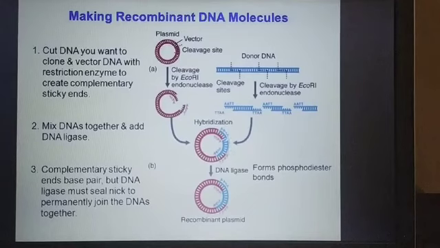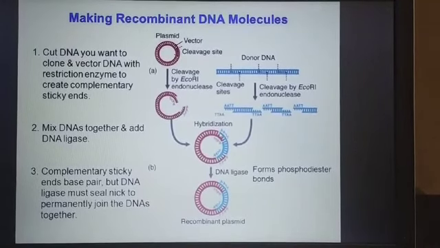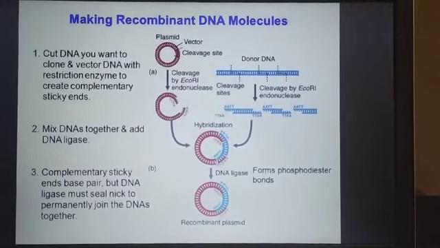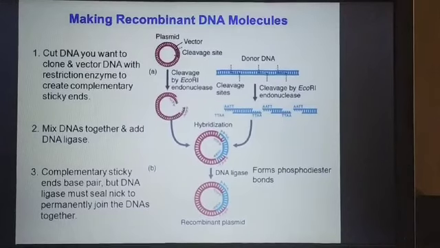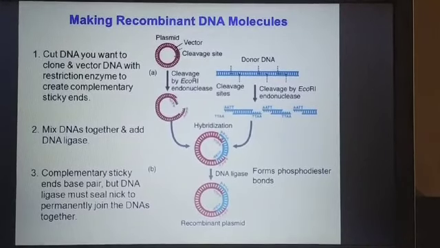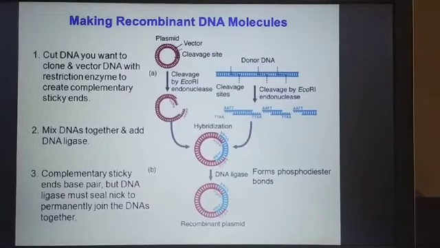Even though they base pair, there will be breaks in the sugar phosphate backbone because they have only undergone pairing. The phosphodiester bond has not yet been created, and it is DNA ligase that serves this function.